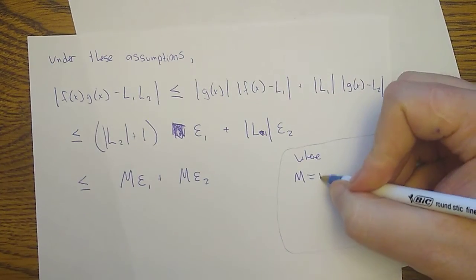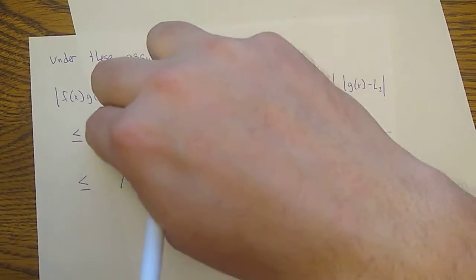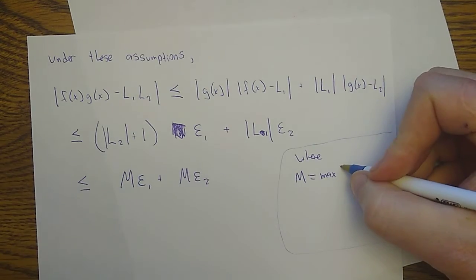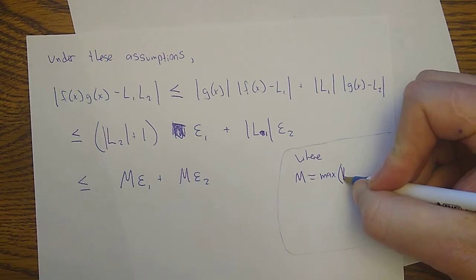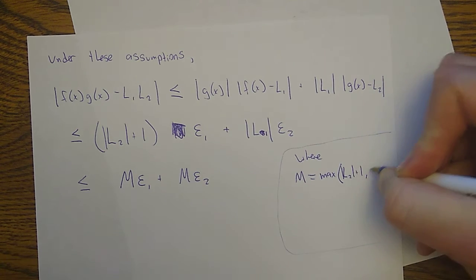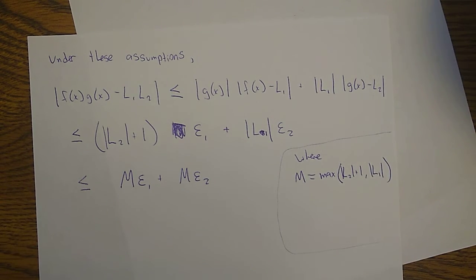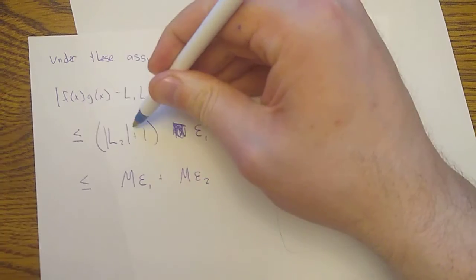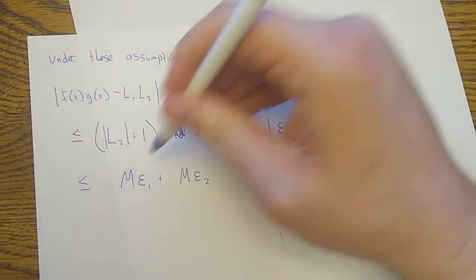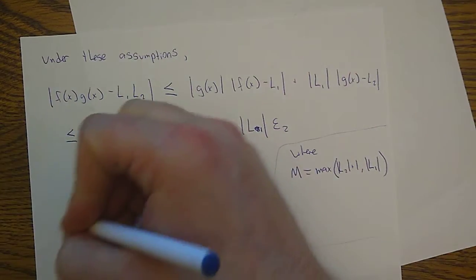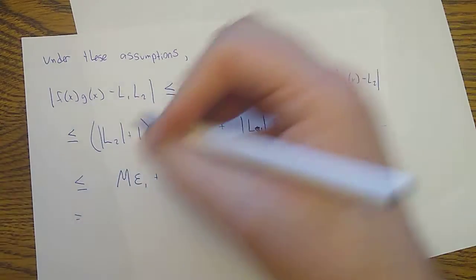By M, I just mean whichever one of these two numbers is biggest, like the max of the absolute value of L2 plus 1 and the absolute value of L1. Because I just wanted to put the same number here and here. So it's M epsilon 1 and M epsilon 2.